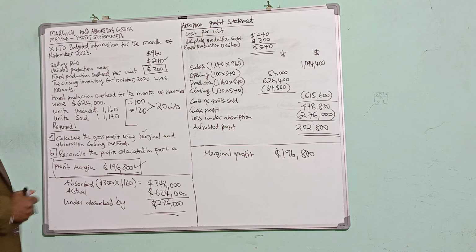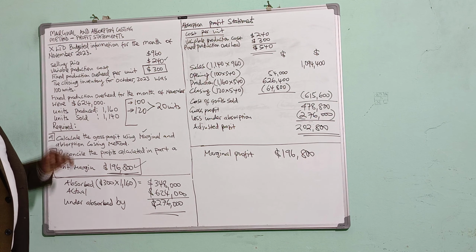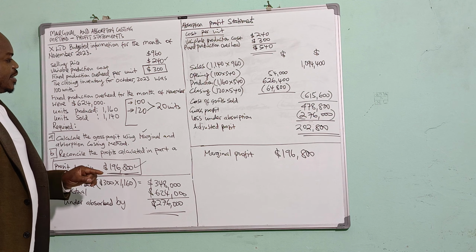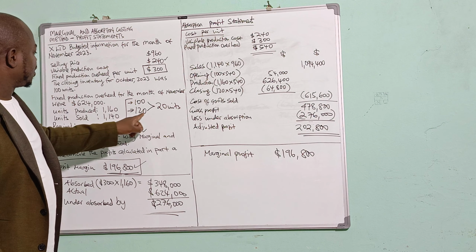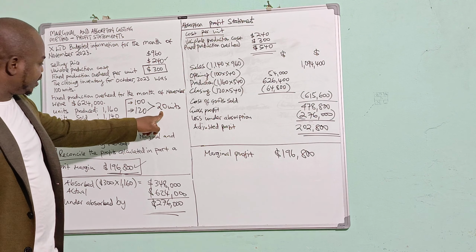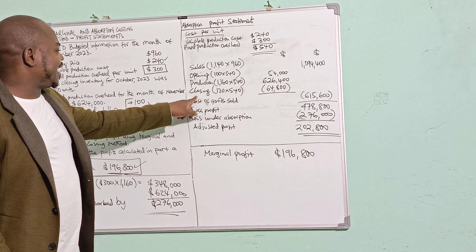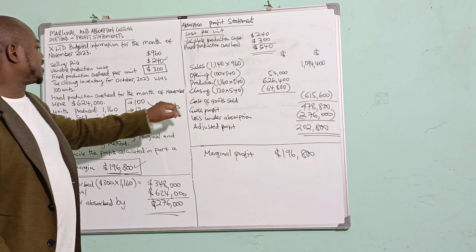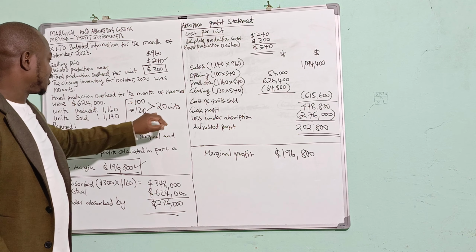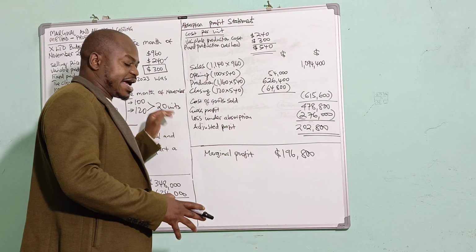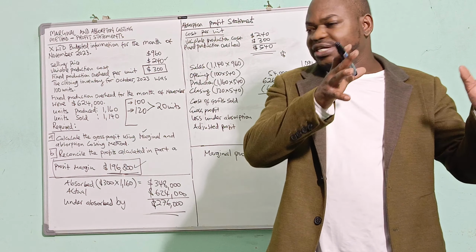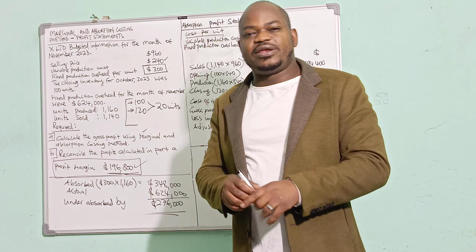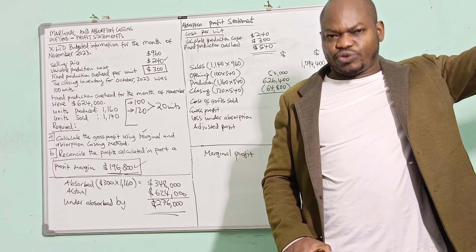Are we together? Now, why is it so that the profit figure for absorption will be higher? It's because of this closing inventory, which is deducted from the cost of goods sold. So if the closing inventory is higher, it simply means that the units that are escaping this period are escaping with the fixed production cost which was meant for this period, which is being transferred into the next period.